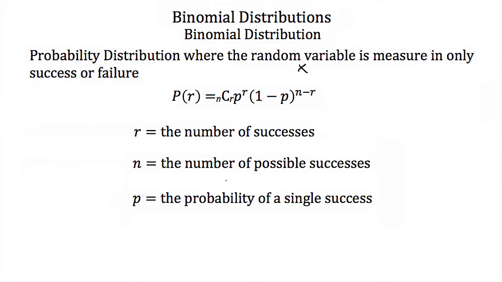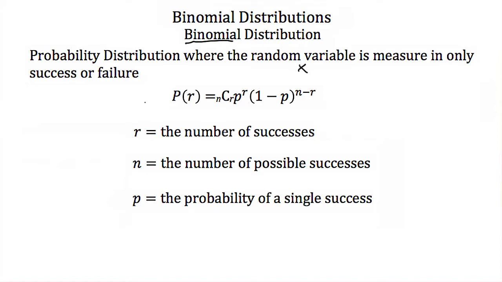So if we wanted to set up a binomial distribution with the 2 dice, we would have to set up a binomial distribution that stated what is the probability of rolling less than 7 or greater than 7. Because the value of x can only be one of 2 different choices. That's why it's called the binomial distribution.